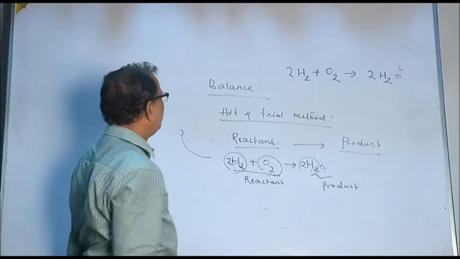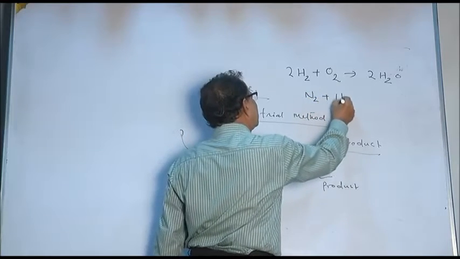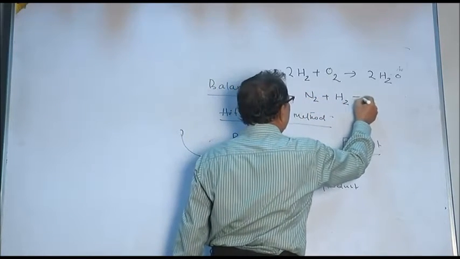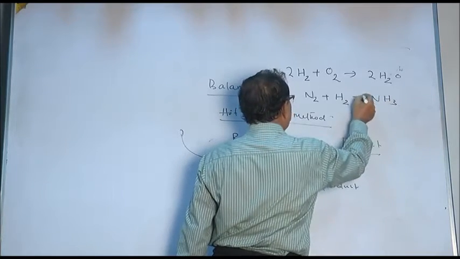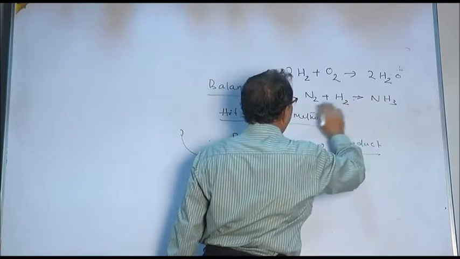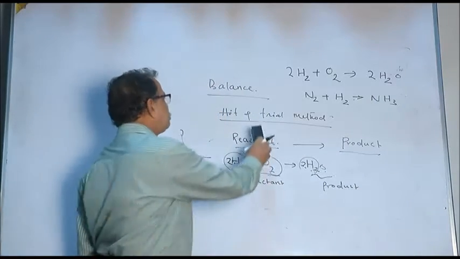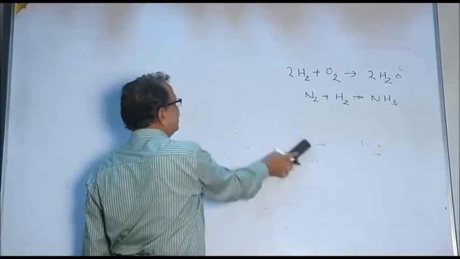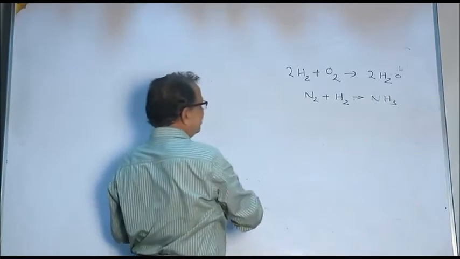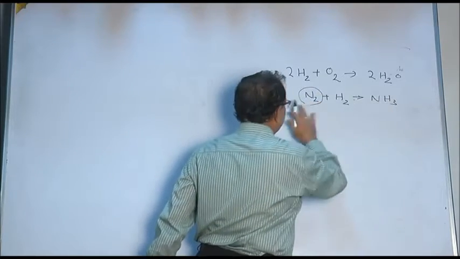Another equation: nitrogen plus hydrogen forms NH3, N2 plus H2 gives NH3. Before balancing we put an arrow mark; after balancing we write an equal sign. Is it balanced or not? On the left side there are 2 nitrogen atoms, and here there is 1, so it is not balanced.